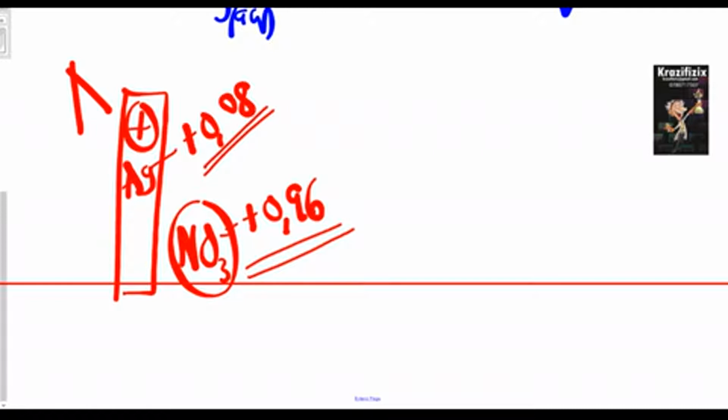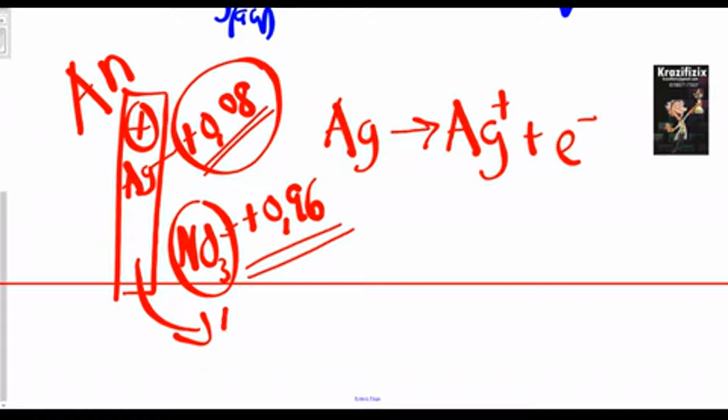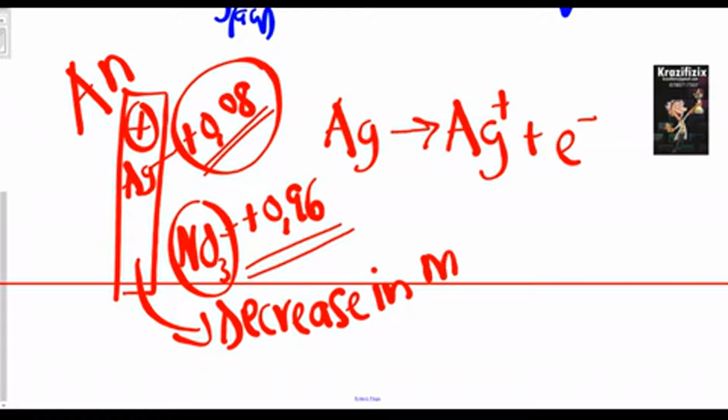Remember, we are at the anode, and what takes place? Oxidation. Therefore, our reaction becomes that of silver: silver being oxidized to silver ions. What does that simply imply? There will be a decrease in mass because our silver solid is being oxidized to silver ions.